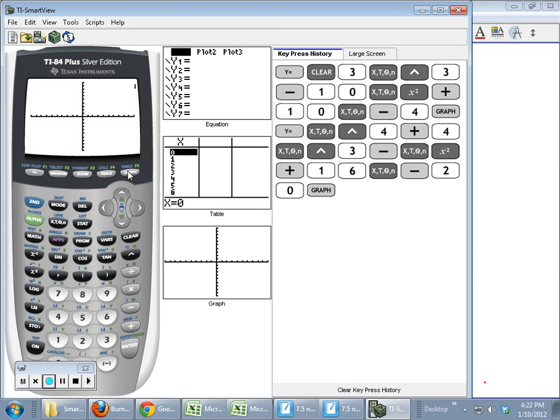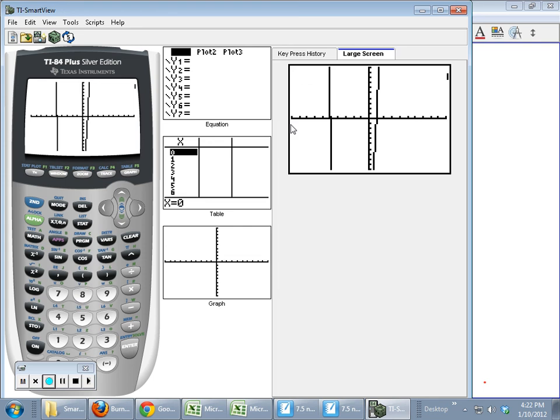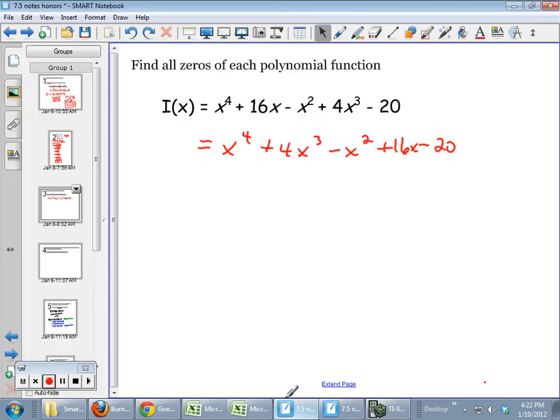Alright, so we'll graph this. What we're going to do is we're looking for where it crosses the x-axis. And so it looks like it crosses at 1 and at 1, 2, 3, 4, at negative 5 as well. So we'll go to our notes, and I'm going to put 1 in the box, and hopefully that is one of my zeros.